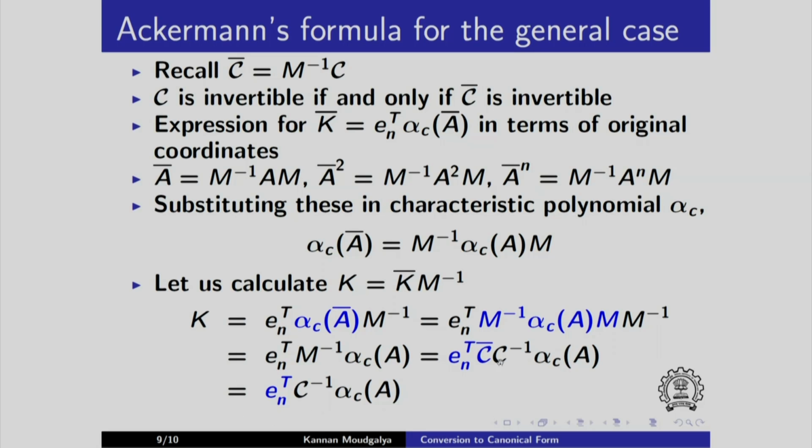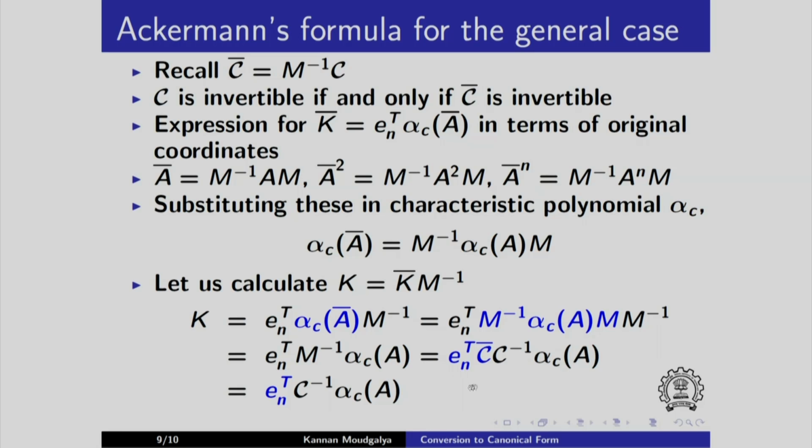I have not shown it here, but I would want you to evaluate this. Remember, A bar and B bar are in controller canonical form. When those are in controller canonical form, evaluate this matrix C bar and evaluate the last row, you will find that is nothing but En transpose.